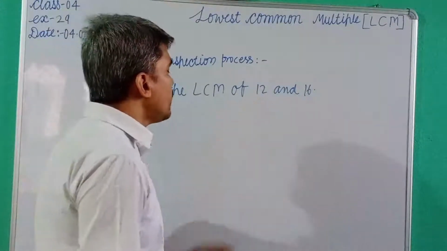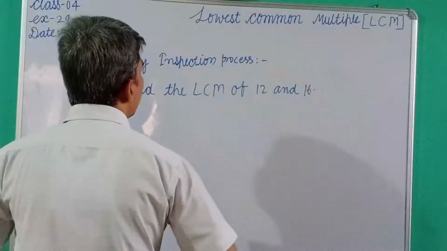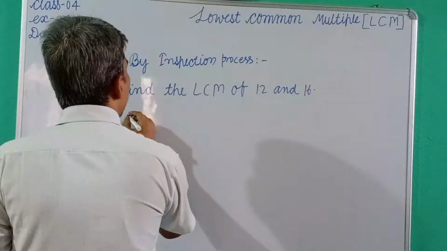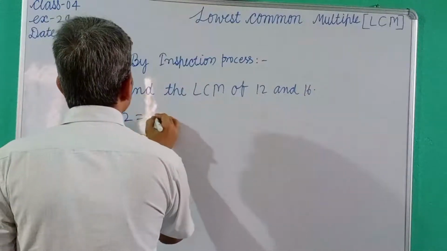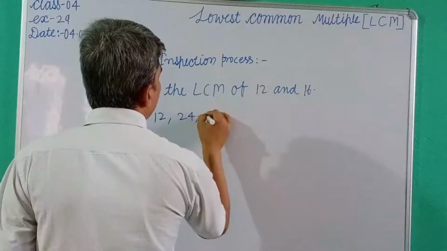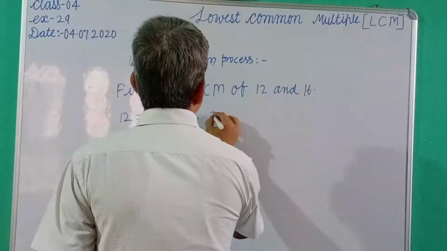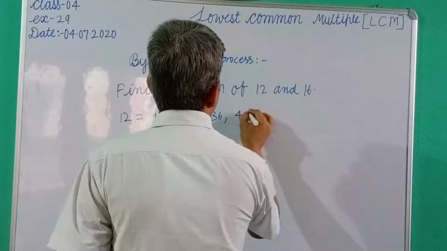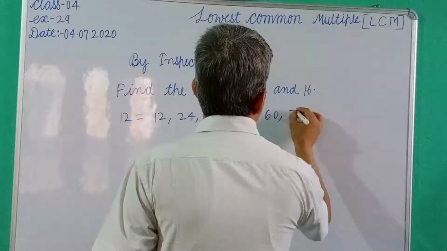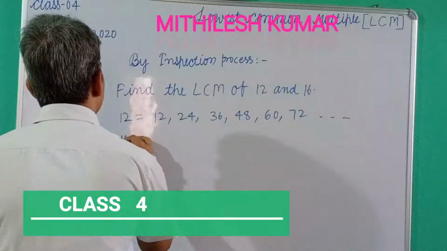Multiples of 12, the multiplication table of 12. So I write down the multiples of 12: 12, 24, 36, 48, 60, 72, and so on.